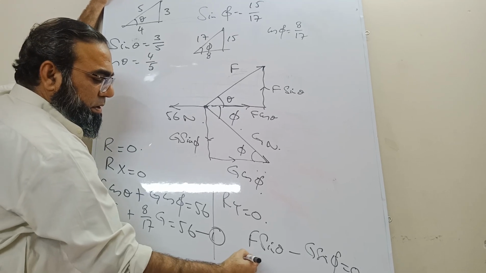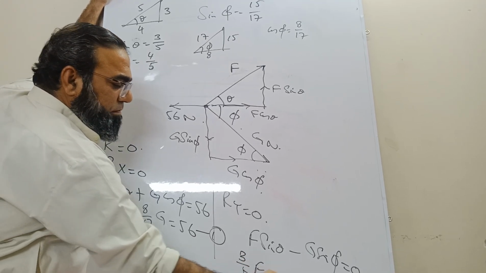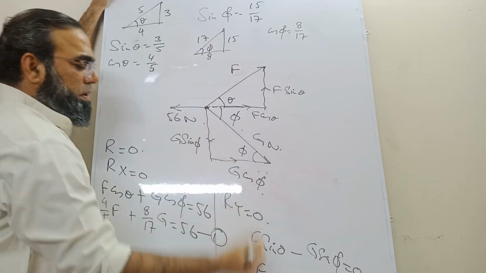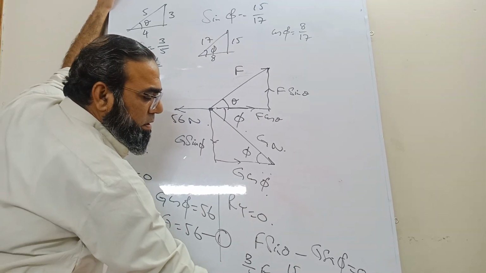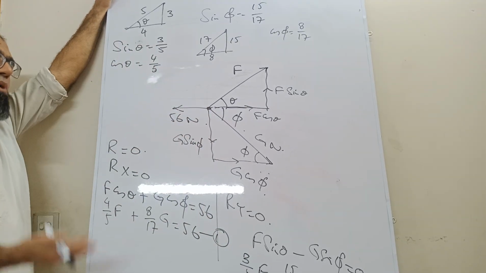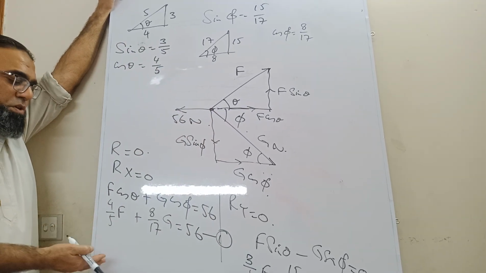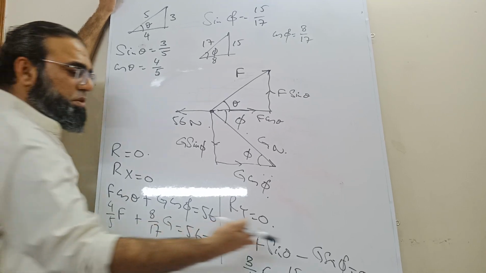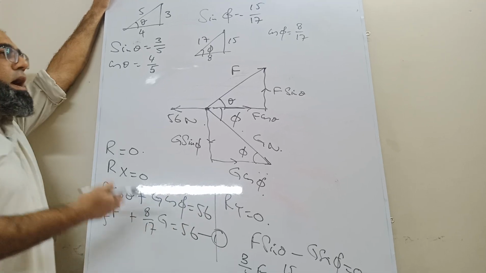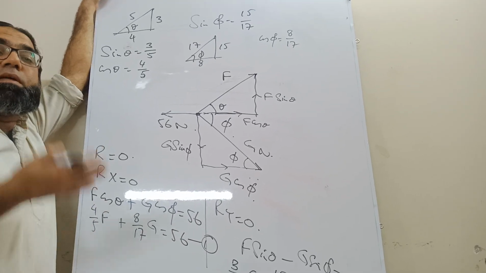This is going to be 3/5 F minus your sine phi, 15/17 G, that is equal to 0. This is your second equation. You know how to solve these simultaneous equations, so you solve these two equations simultaneously. You will get the values of F and G and you can check your answers. Okay? Thank you very much.